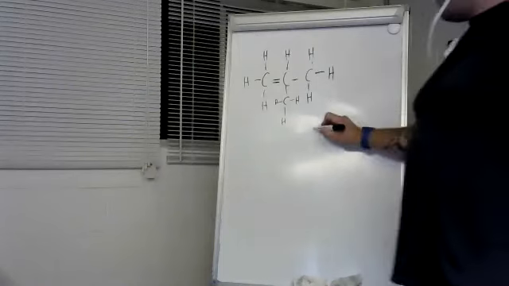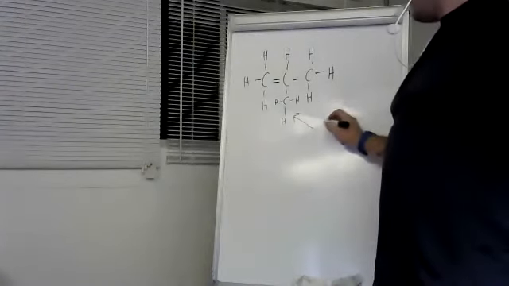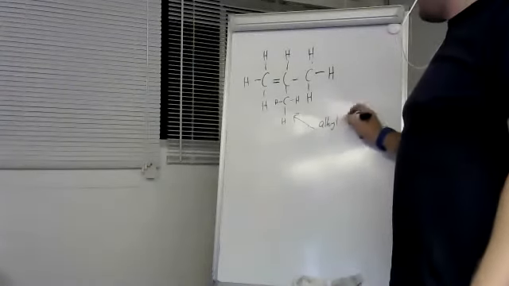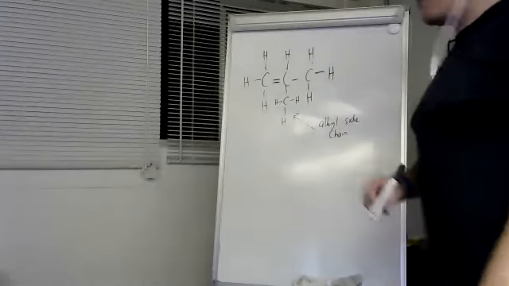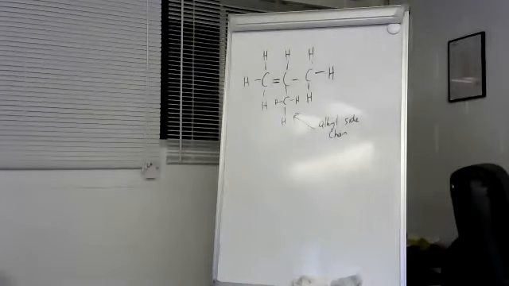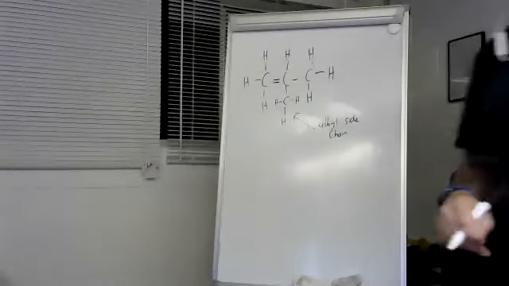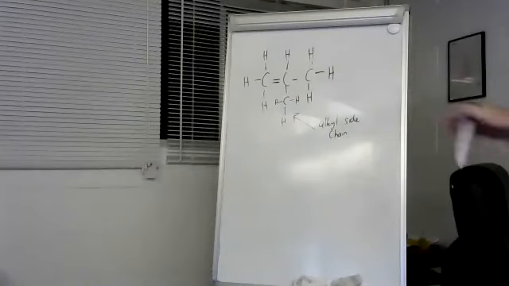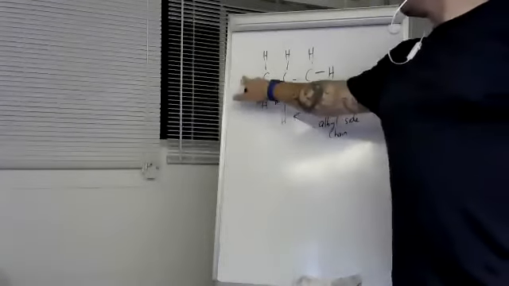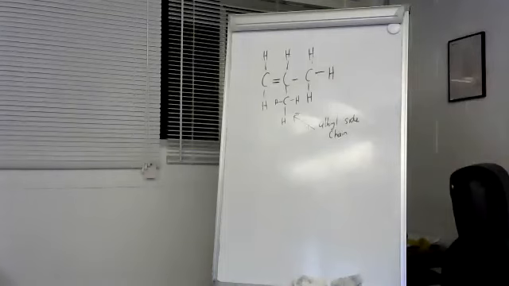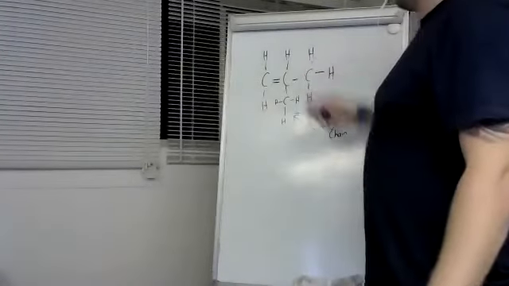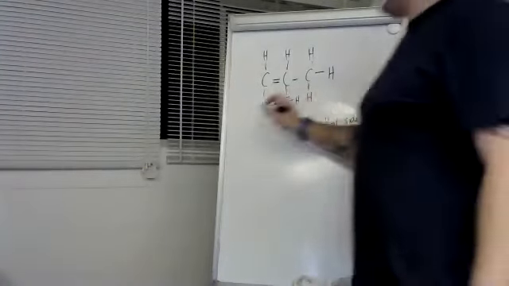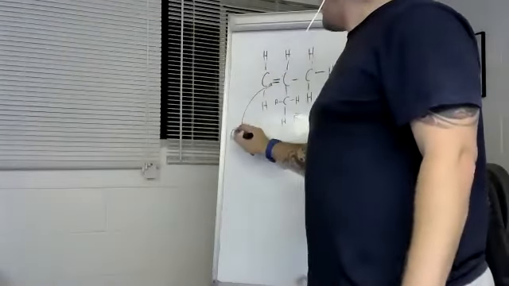So here we have an alkyl side chain. I wasn't following the octet rule there, one too many hydrogens. And then we have a double bond.